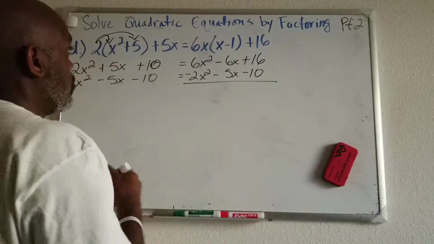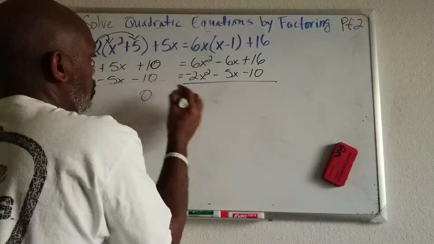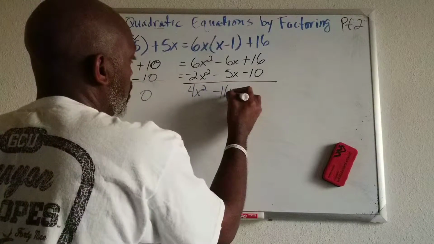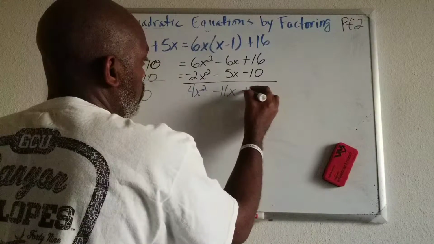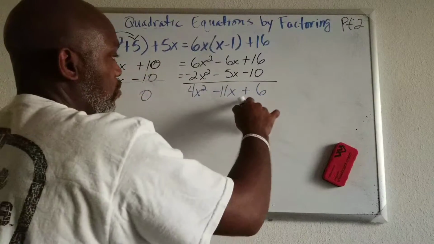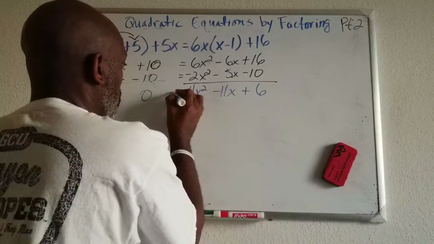Okay, so this ends up being 0. This is 4x squared negative 11x plus 6. Okay, so we're looking for, and this is equal.